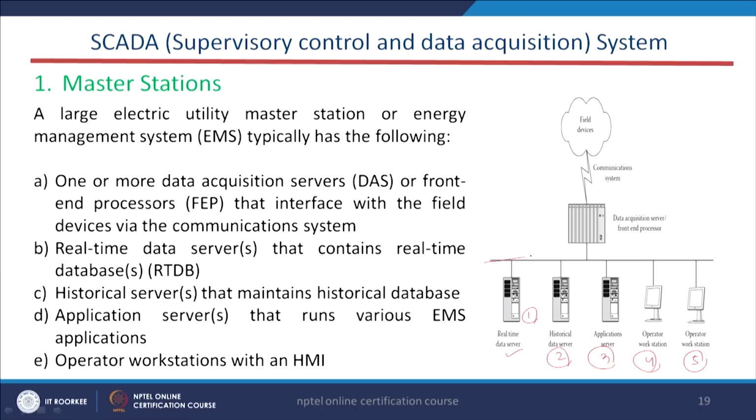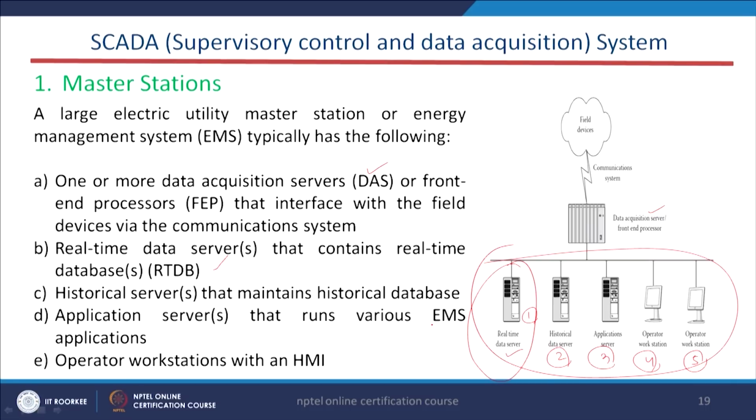Now, what are the functions of those stations? The first one is the DAS front end processor. That processor interfaces with the field devices and the communication system we have already discussed. The second one is the real time data server.